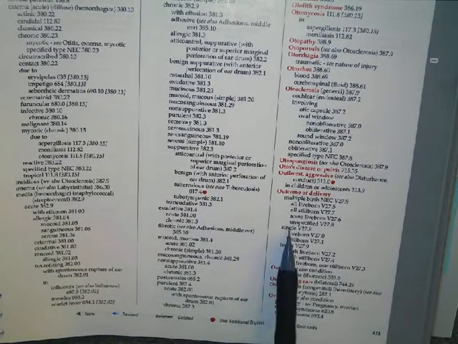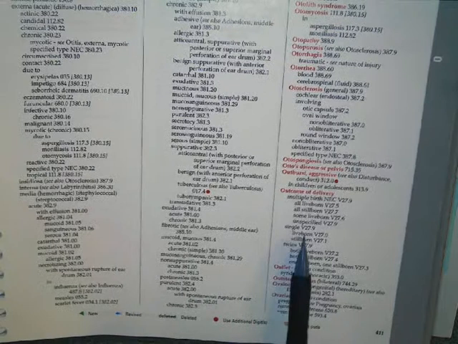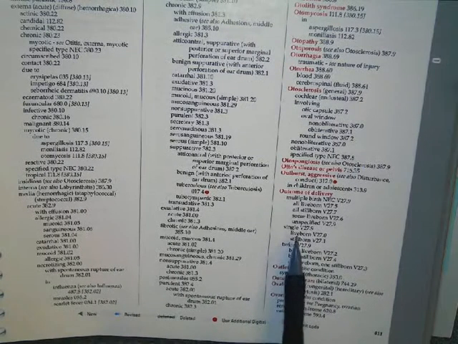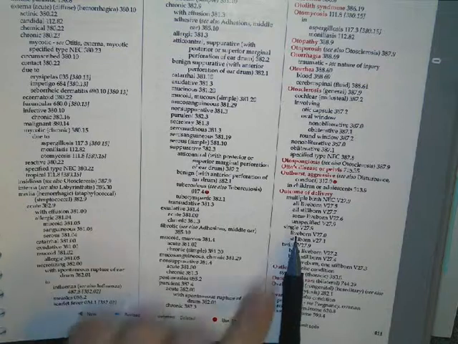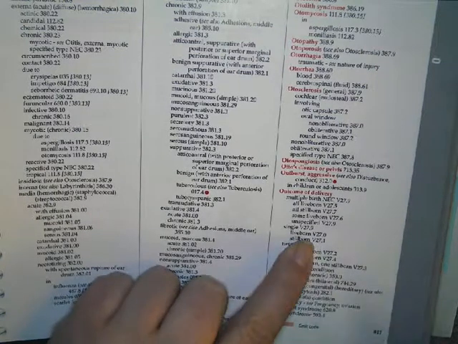Following fifth digit subclassification is for use with categories 660 to 669 to denote the current episode of care. And what do we have? Again, delivered with or without mention of antepartum condition. So we have 660.01. All right? That's what we have there.